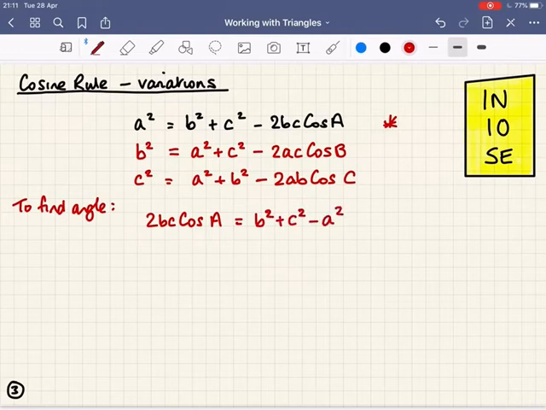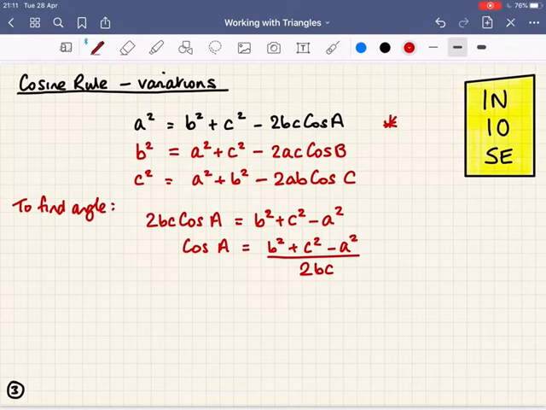And then dividing by 2bc gives me that cosine a is equal to b squared plus c squared minus a squared, all divided by 2bc. So there's an expression that I can derive from the earlier ones that will allow me to find the size of a missing angle when I've got all three sides of the triangle.